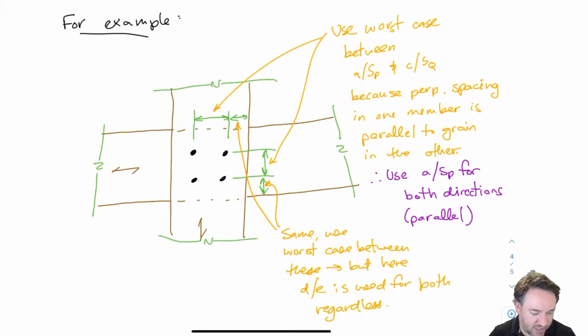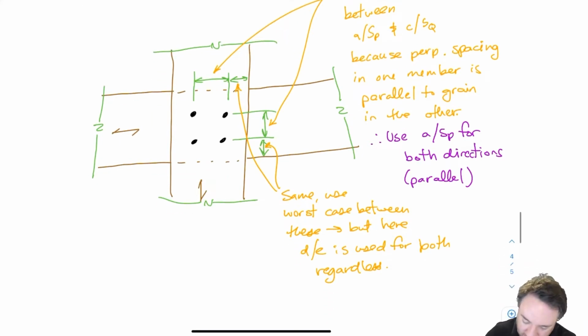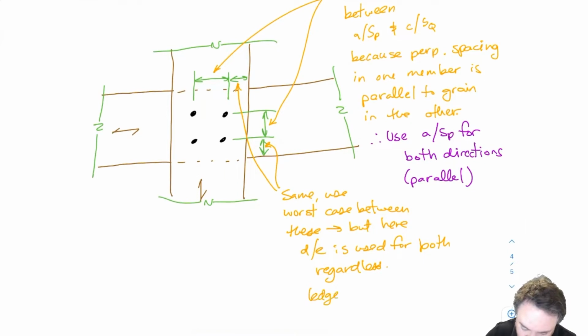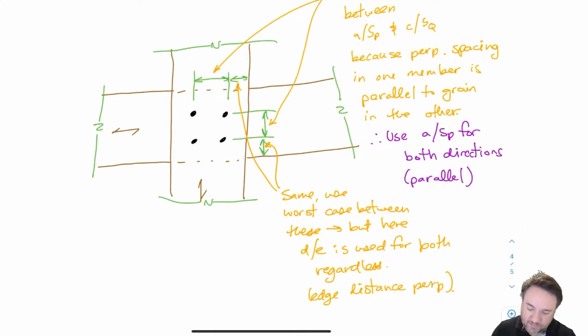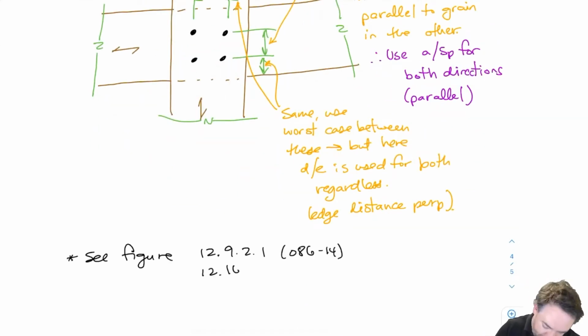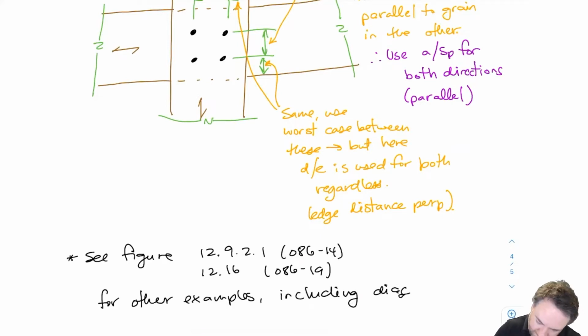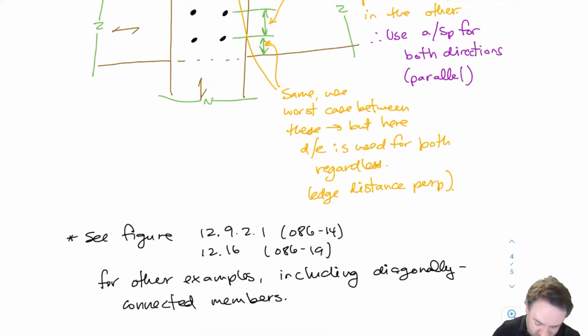So if I did have an end here, then I would have to use the worst case. And so for example, if one of these members ended, and there's an example like that in the standard that you can look at on your own. So here I'm using edge distance for both, mostly because there is no end. So there's the figure, so that you can go see the other examples.